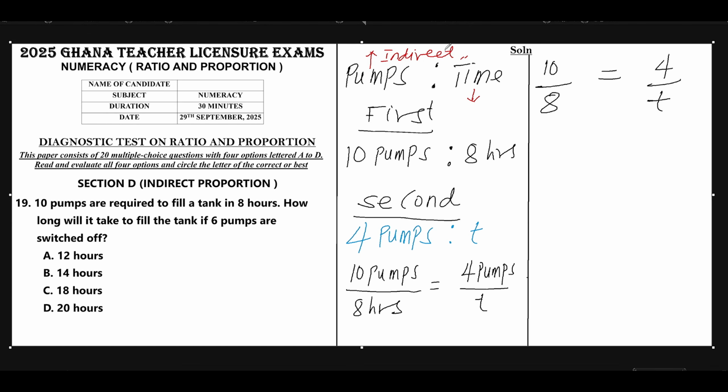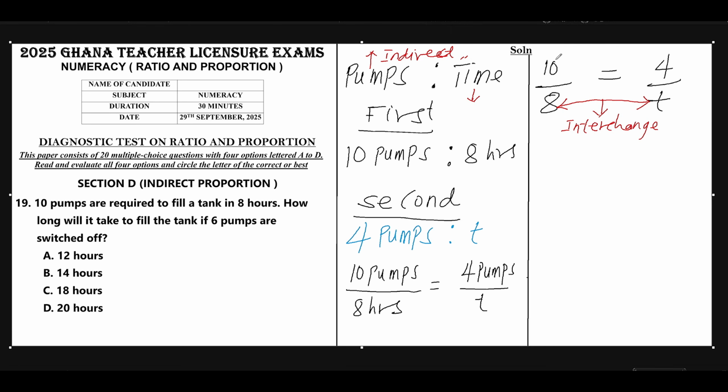proportion. So once we've been able to identify that there is an indirect proportion, then before we cross multiply, we need to interchange one of the quantities. So I prefer interchanging time. So I'm interchanging the time.